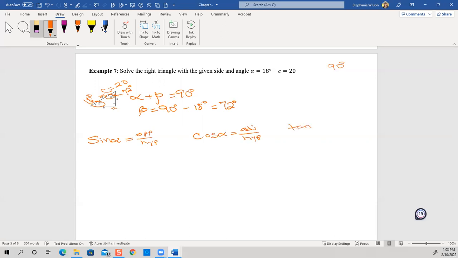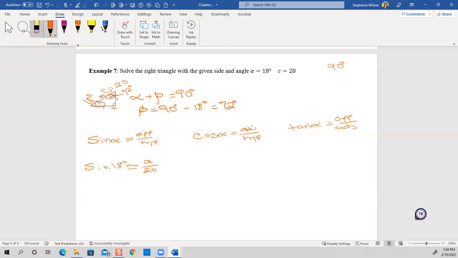And the tangent of alpha is opposite over adjacent. Now let's solve for the sine. We know alpha is 18 degrees. We don't know what A is, but we do know the hypotenuse is 20. Now let's solve for A.